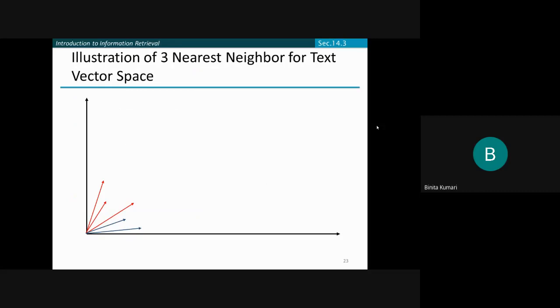This one is the illustration of 3NN for a text vector space. You can see here these three documents belong to the red class and these two belong to the blue class. So this is now my test document.